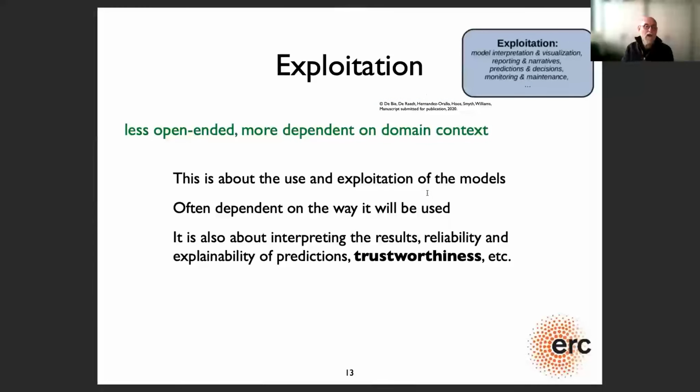There is the next quadrant, which is exploitation. So that's the bottom right. It is really dependent a lot on the domain context, and it's also less open-ended. It's really about exploiting the models.